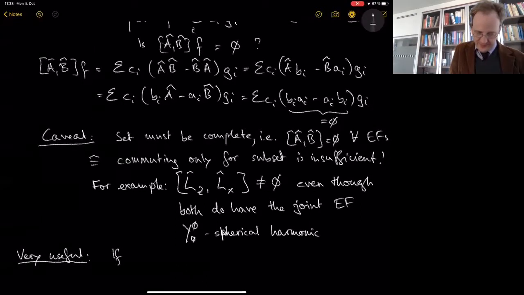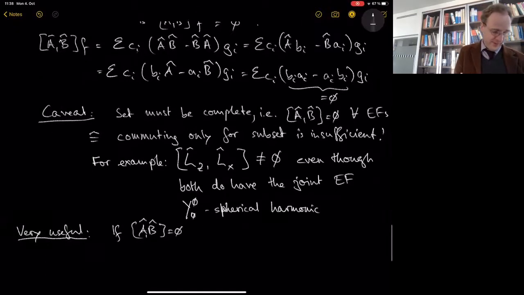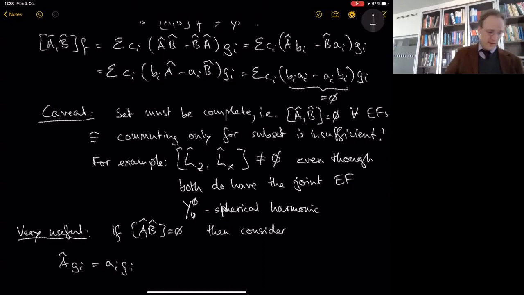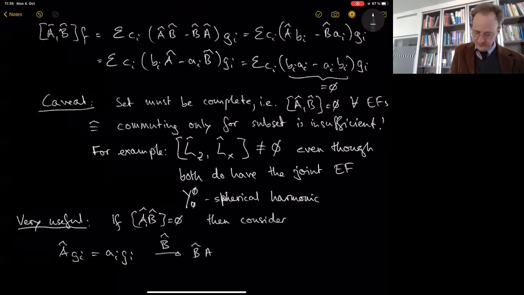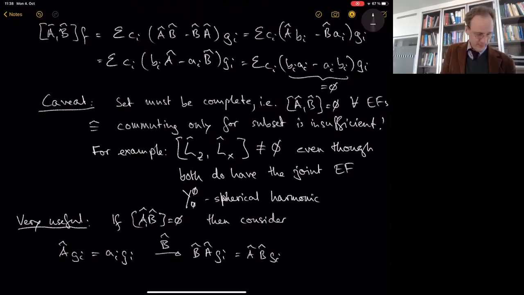So if AB is 0, then consider a solution, then you operate with B, and since they commute, that's the same as this, right?